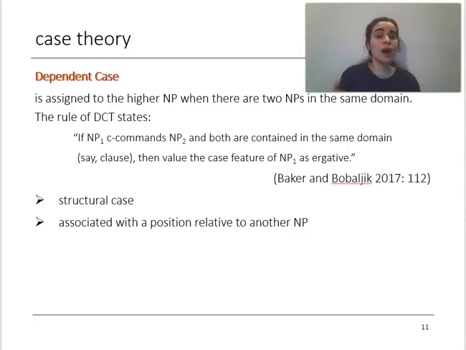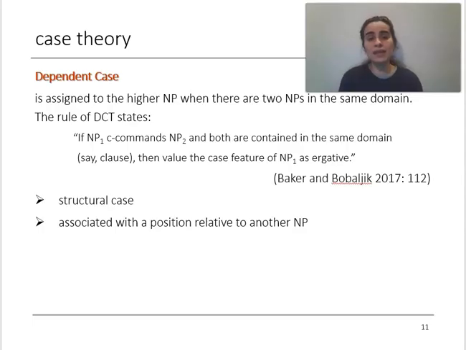ergative is assigned to the higher DP when there are two DPs in the same domain. Depending on the theory, you call it DP or NP. The rule of the dependent case theory says if NP1 c-commands NP2 and both are contained in the same domain, then value the case feature of NP1 as ergative. This view shows that ergative is structural case and is associated with a position relative to another NP.